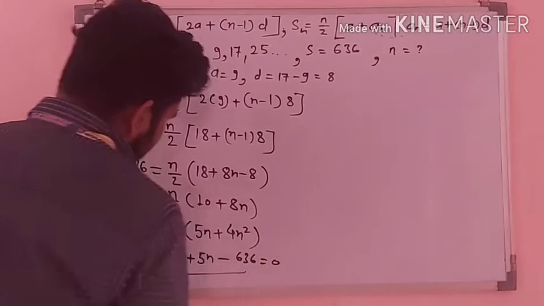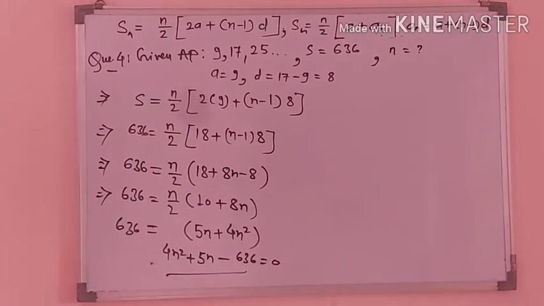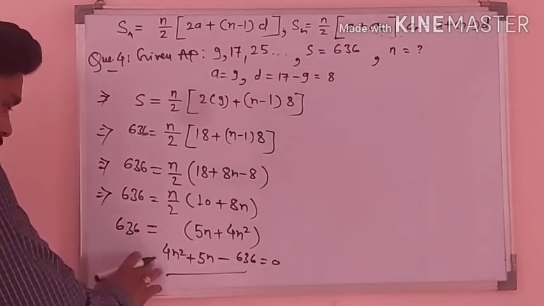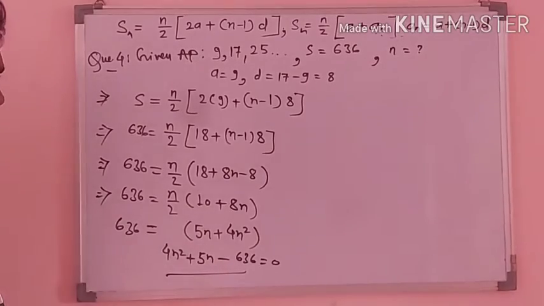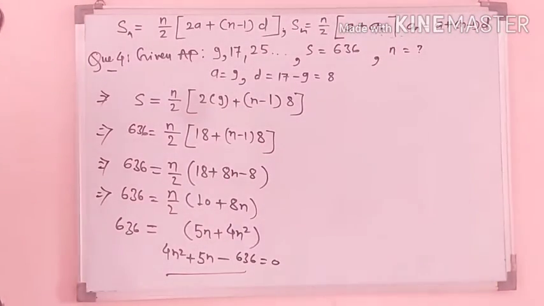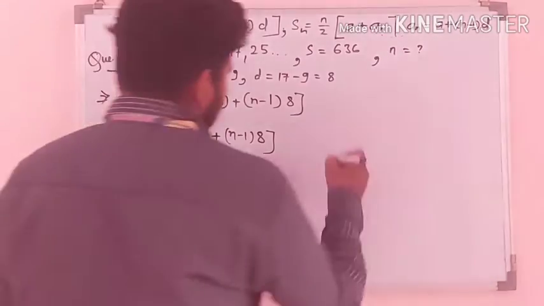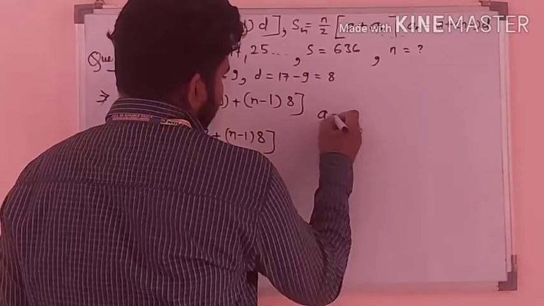is equals to 0. Okay, so here they have become a quadratic equation. Okay, so quadratic equation से हम लोग क्या करते हैं, we will find this through the values a, b, c.